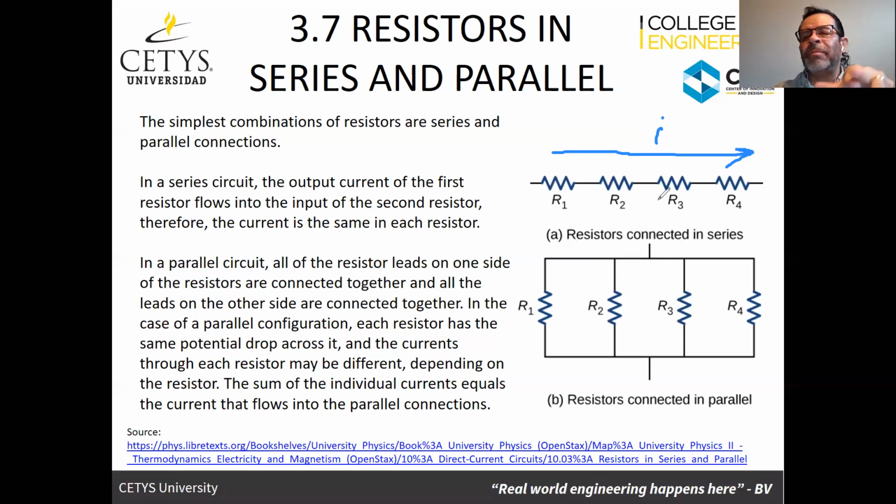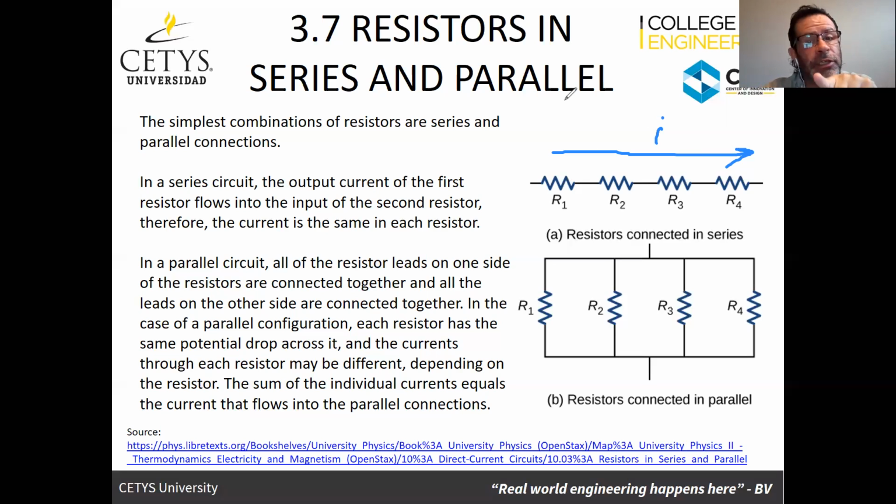Think of this as a tube or a pipeline where water is flowing. If you've got a tube that has 1, 2, 3, 4 constrictions, the resistance is the constriction, but the flow is the same. The same amount of water coming in is coming out. That's why the current is the same.